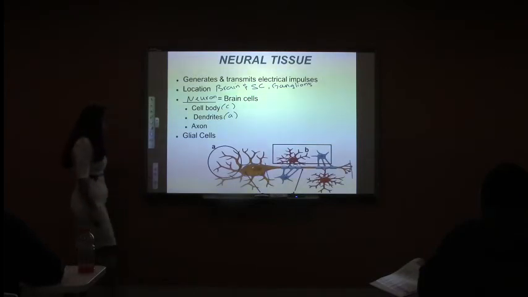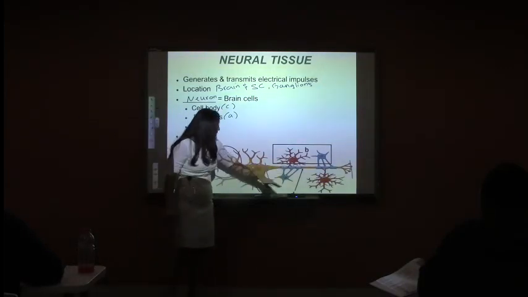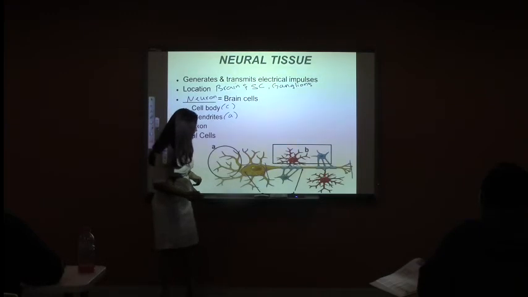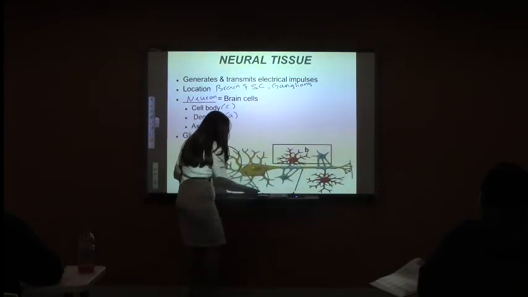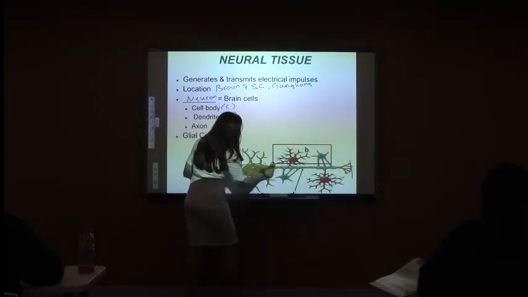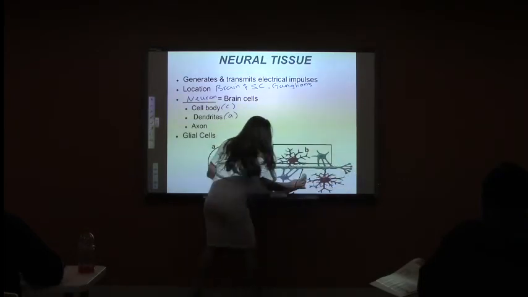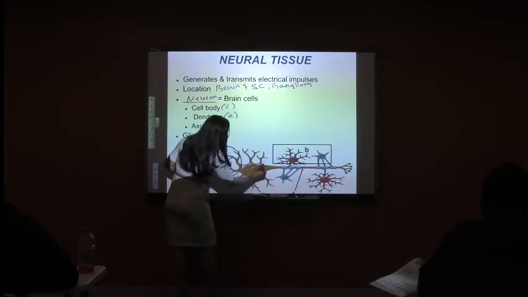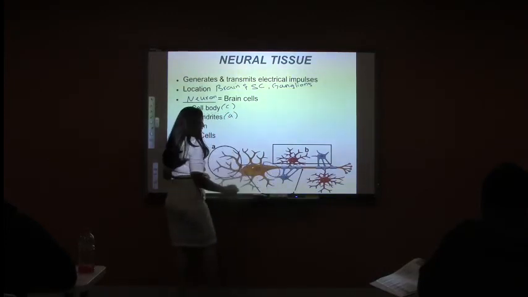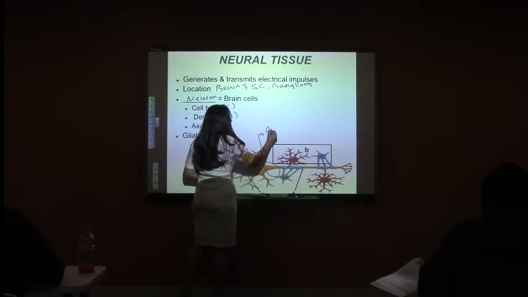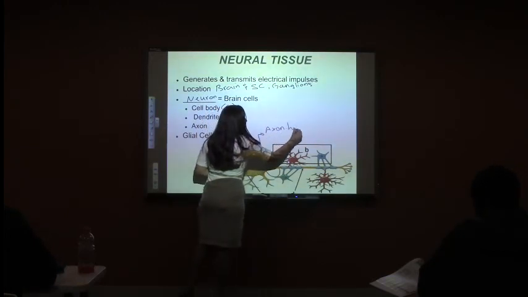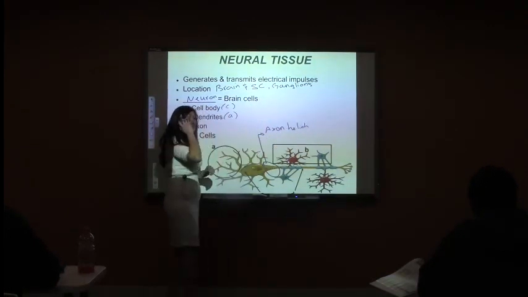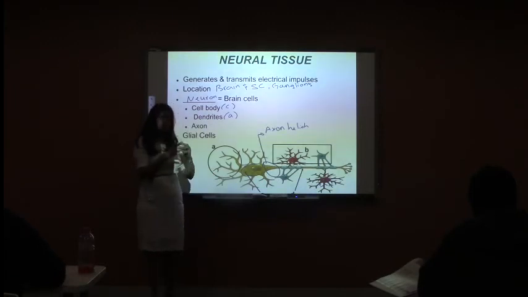Okay? Now, the axon, as you can see, has distinct areas. So this part, we erase it also. This protruded part is part of the axon, but it's called the axon hillock. Axon hillock. This is the starting point.